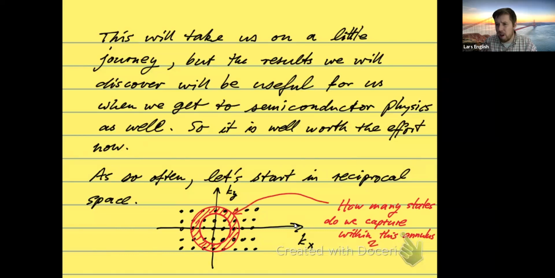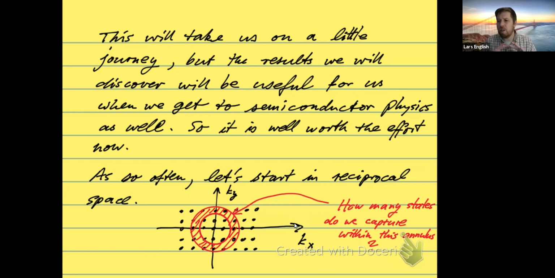I would like to know how many states have an energy of E, let's say, plus or minus a certain delta E. So we're going to allow for a certain width to be able to capture some states. We're assuming the free electron here, so the line of constant energy is a circle, as we know.